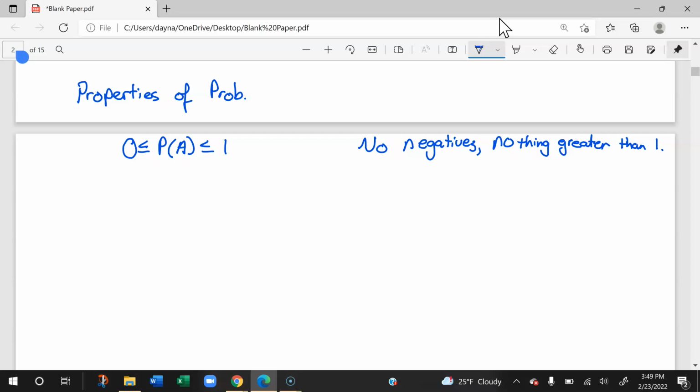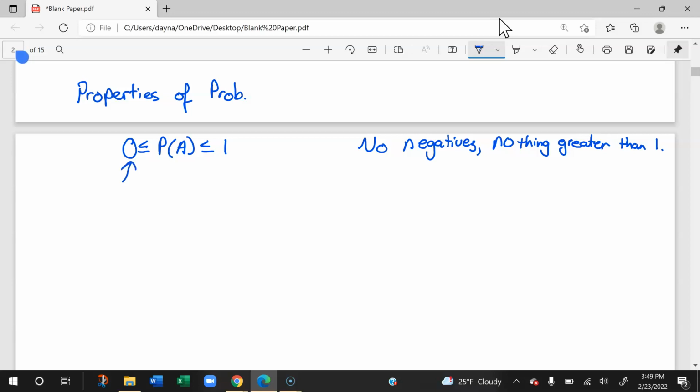You can't have more than 100% accuracy. Now, you also cannot have a negative. You can have a 0, like we just saw, but you can't have a negative. So you have to remember that probabilities have to be between 0 and 1. They can be 0 and they can be 1.